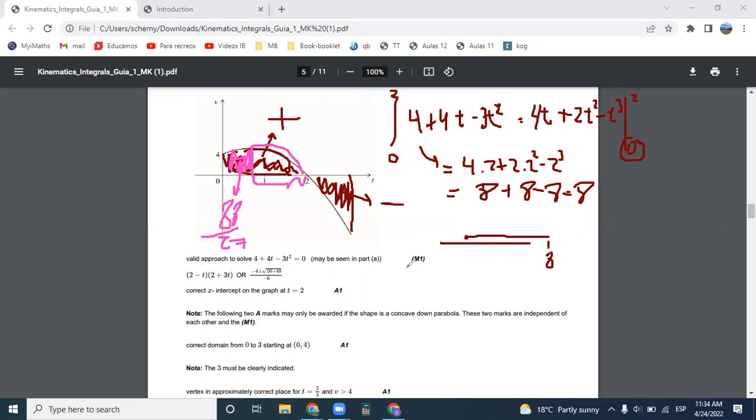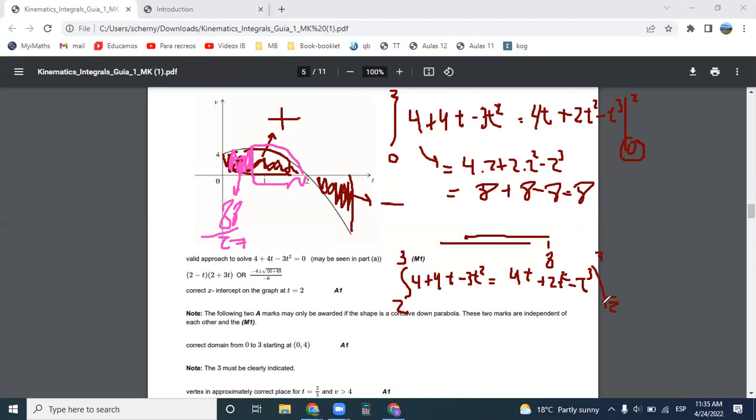Okay, so the integral between 2 and 3 of this function of 4 plus 4t minus 3t squared is 4t, and again, right, 4t plus 2t squared minus t cubed, evaluated at 3 and at 2.